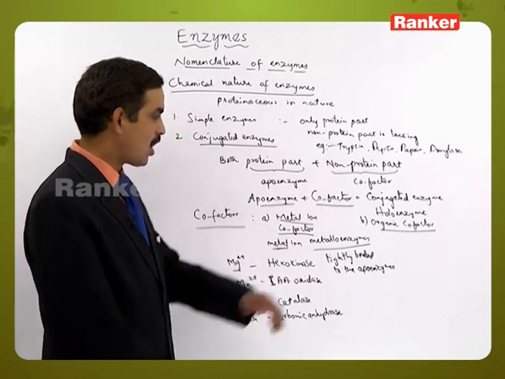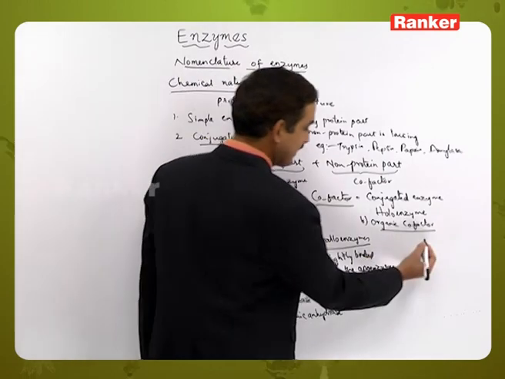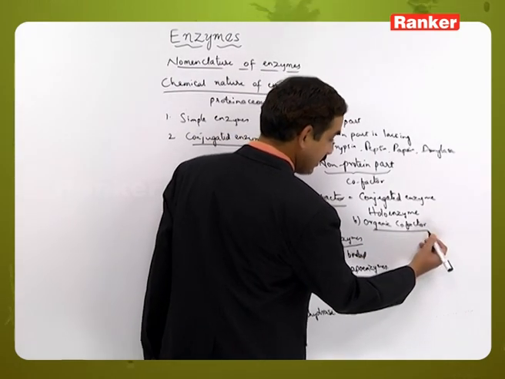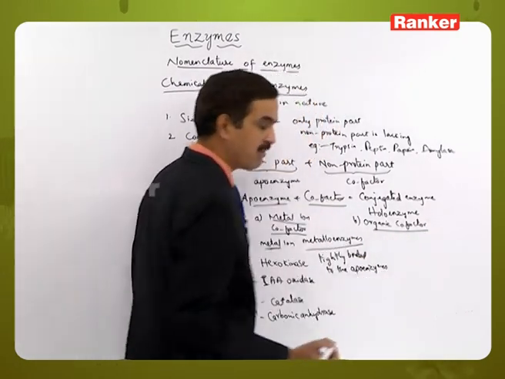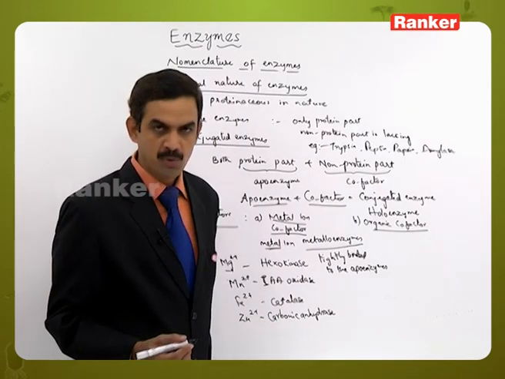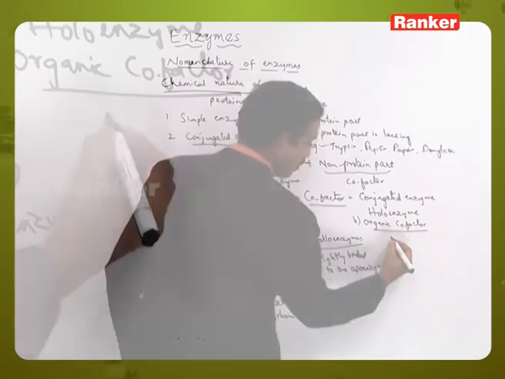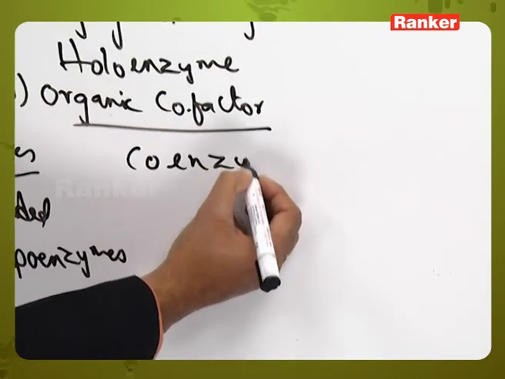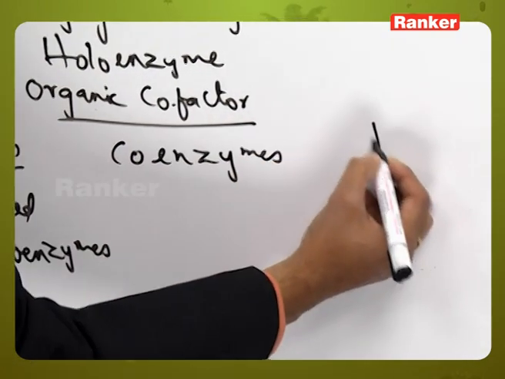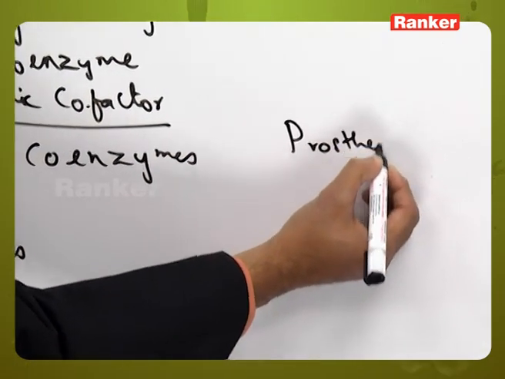Now let us come to the organic cofactors. These organic cofactors are made up of organic compounds, and they are of two types: coenzymes and prosthetic groups.